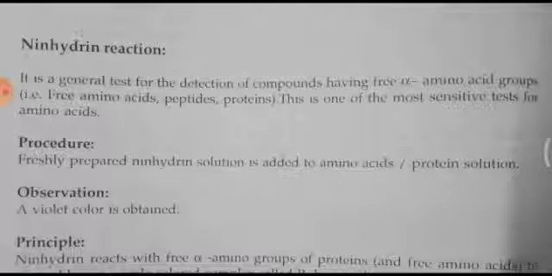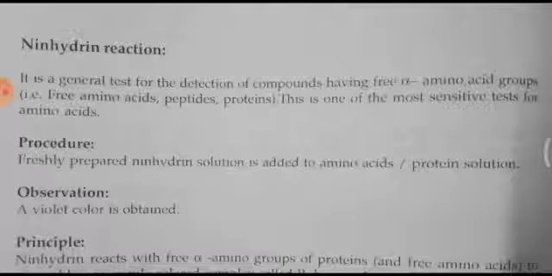If you say that milk contains casein and egg contains albumin, you can believe it only after doing this test. You can take the samples, add ninhydrin reagent solution and boil for a few minutes, and obviously you will get a violet color. And if you just take tap water, which is not a protein, add ninhydrin and then boil it, you will not get violet color because water doesn't contain protein.